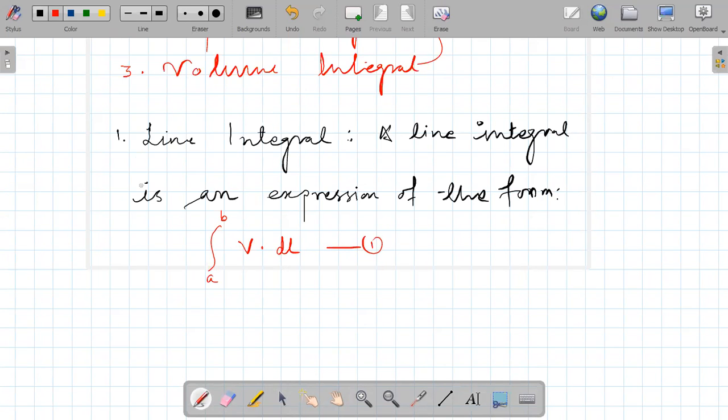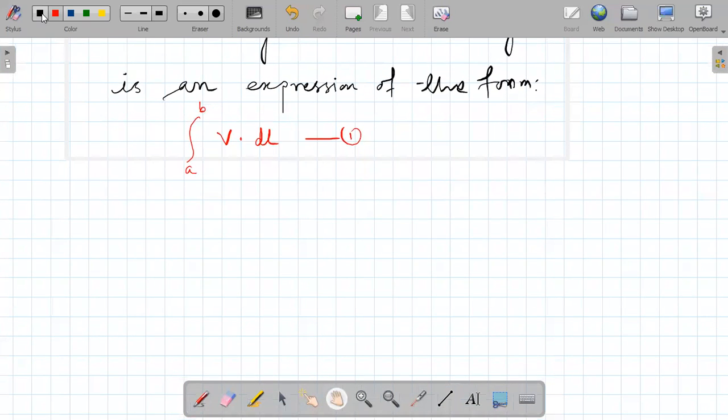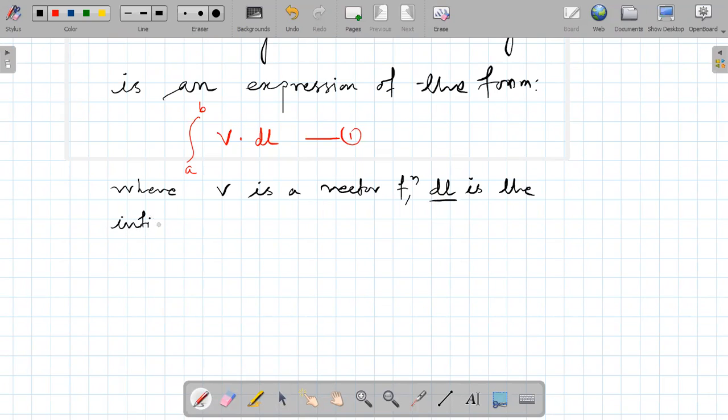And now, what is v? V is a vector function, and dl is the infinitesimal displacement.